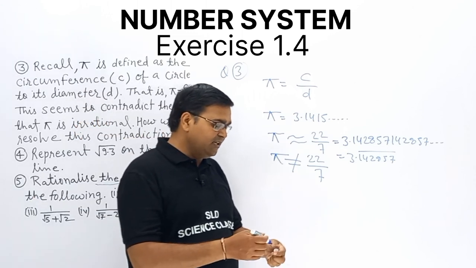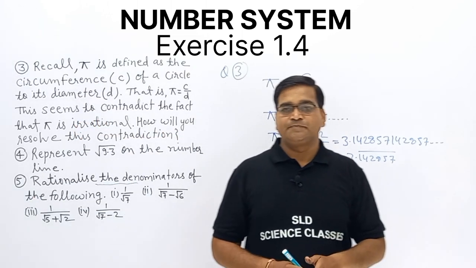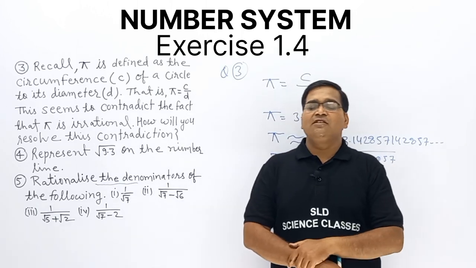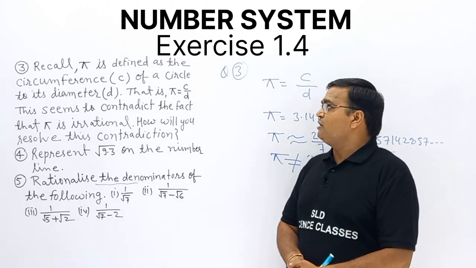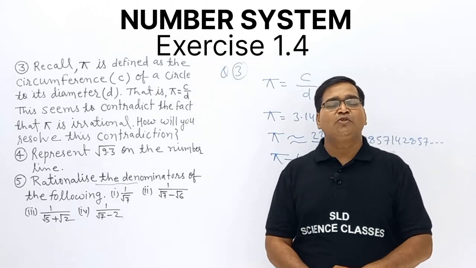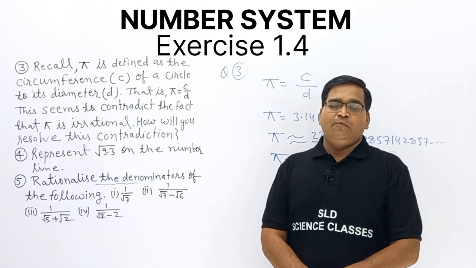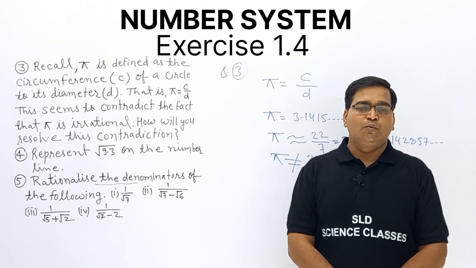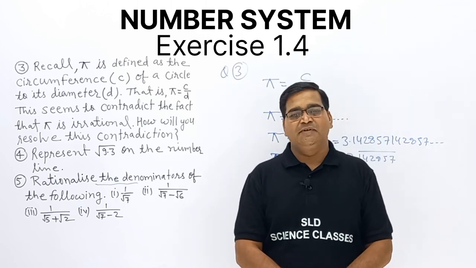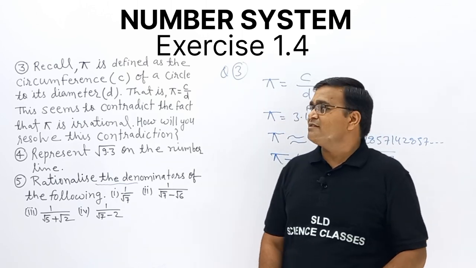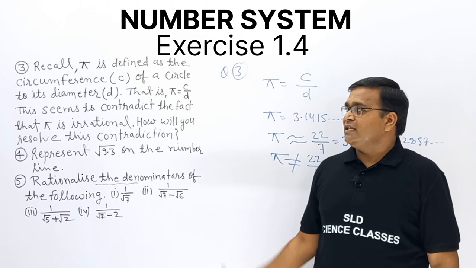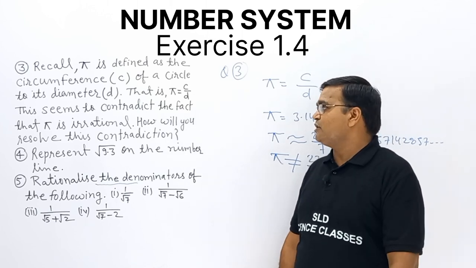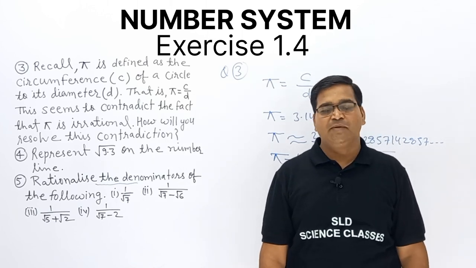So what we studied in this exercise, exercise 1.4 in chapter 1, we completed all the questions, question number 1 to question number 5. In the last class we discussed questions 1 and 2. In this class we studied questions 3, 4 and 5.